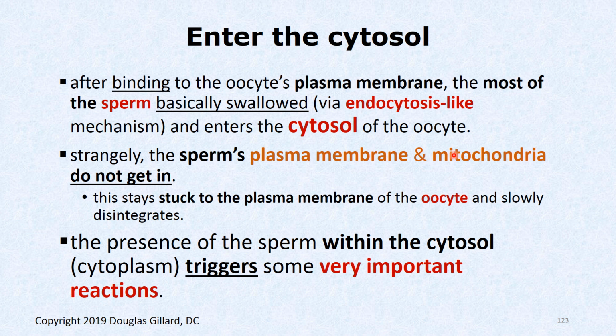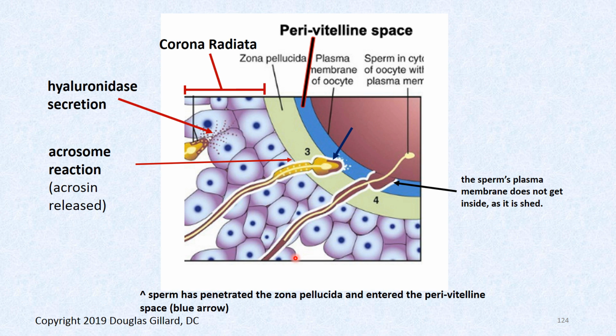All right, so the presence of the sperm being in the cytosol also triggers some very important stuff going on. But before I even say that, here's a cartoon of this fertilization process and getting inside the sperm.